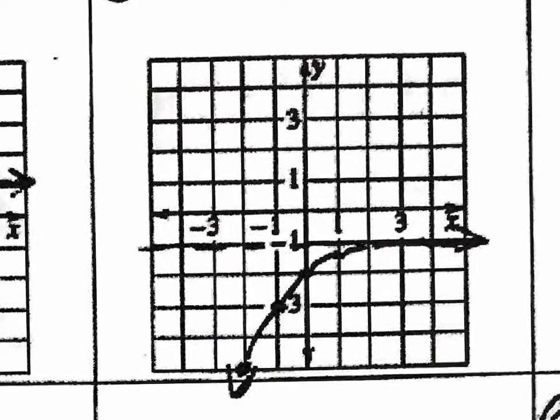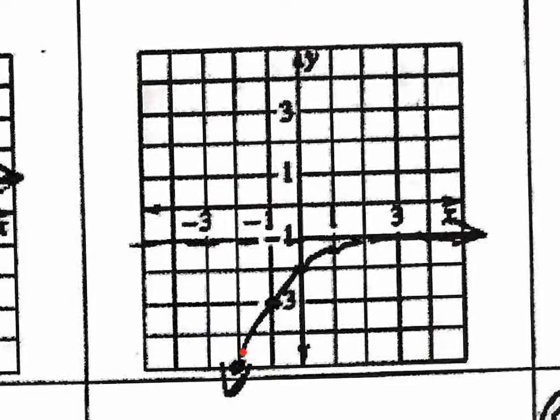Decay. Let's look at this one over here. A lot of people make a mistake on this one. They say, oh, from left to right, it's going up. That means it's growing. No, that's not the case. A growth function is either going to go to positive infinity or to negative infinity. A decay function will always decay down to a certain value from left to right. So from left to right, is it going up forever? No. Is it going down forever?